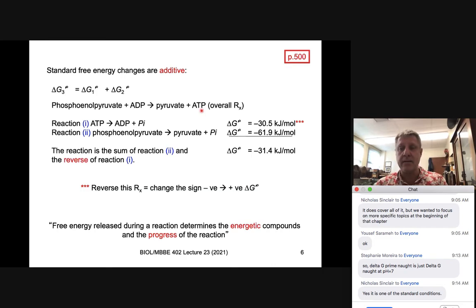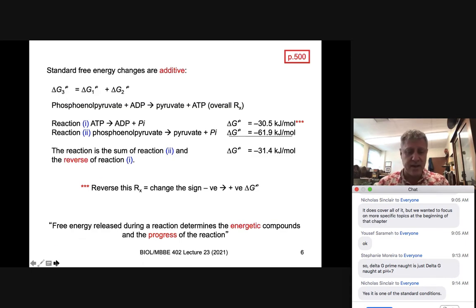But again, I stress, if you want to go in reverse and consume ATP and pyruvate to produce phosphoenol pyruvate and ADP, the overall reaction will change its sign and become positive, because you are now changing this in the opposite direction. It becomes a very unfavorable reaction in that opposite direction.